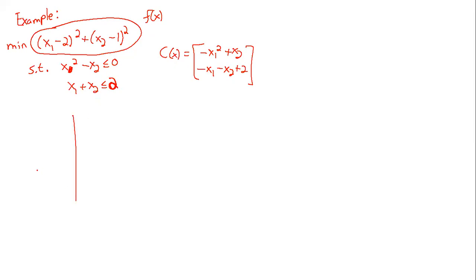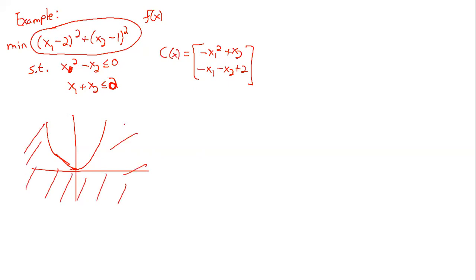So now we're going to draw our feasible region. So here's our parabola. This is the part where x1 squared is equal to x2. This is going to be the parabola that represents what this constraint says. And then you would say, okay, everything where x1 squared is less than or equal to x2. So that would be this part.